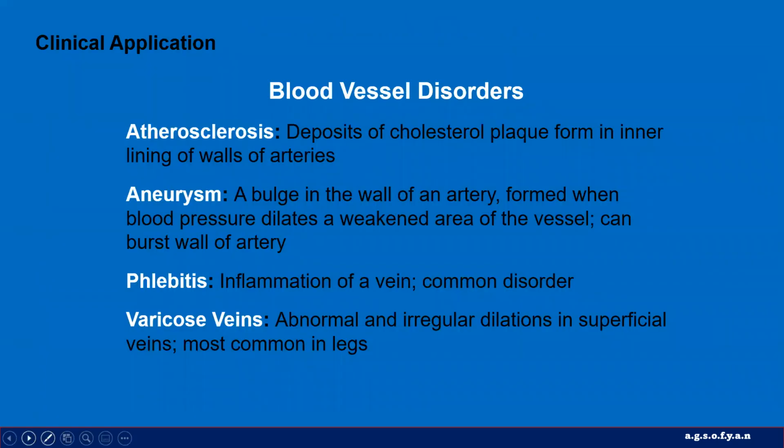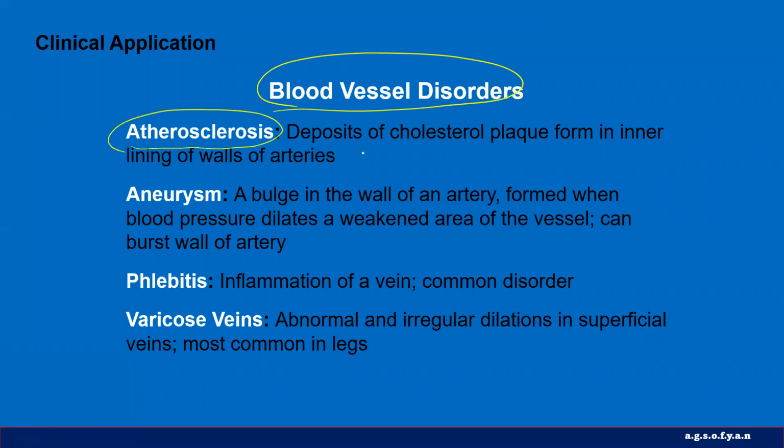Okay, we just learned a little bit about some disorders of blood vessels. Atherosclerosis, this is a deposit of cholesterol plaque formed in the inner lining wall of the artery. Sometimes it will block the circulation. If it is happening in the blood vessel that goes to the heart, it's going to be really dangerous.